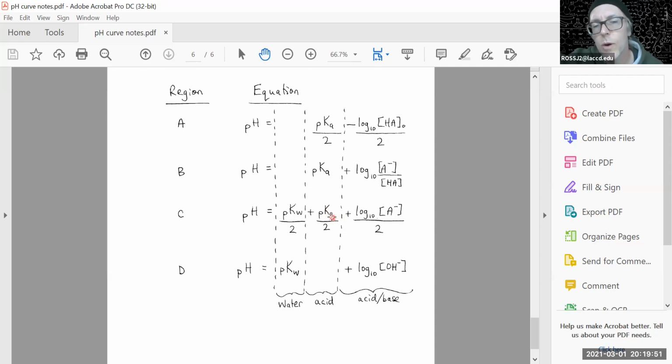We're at the equivalence point where the acid has mixed with the base to give water and a salt. So I don't think there's anything too suspicious about seeing water, acid, and base present in this equation because they're all players at or around the equivalence point.